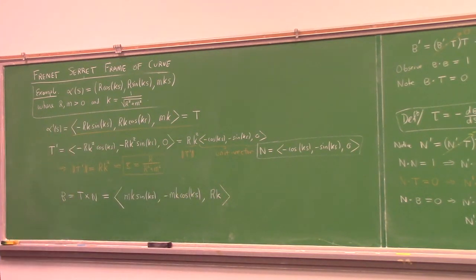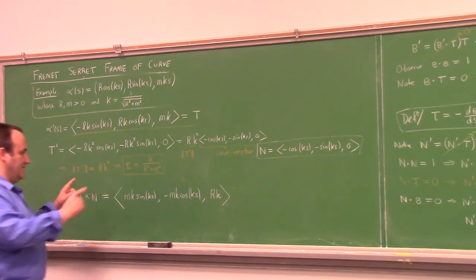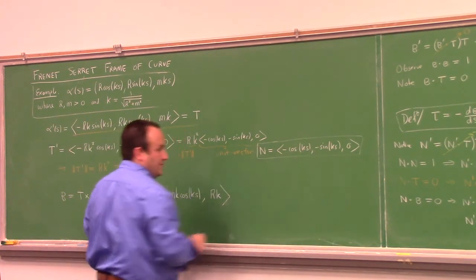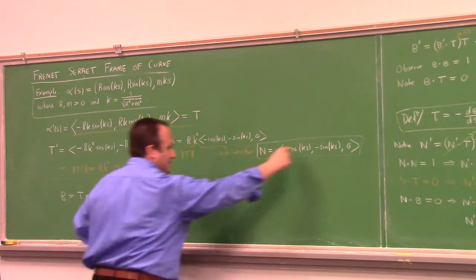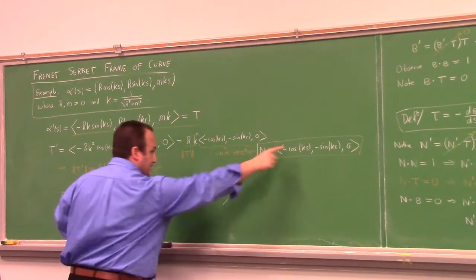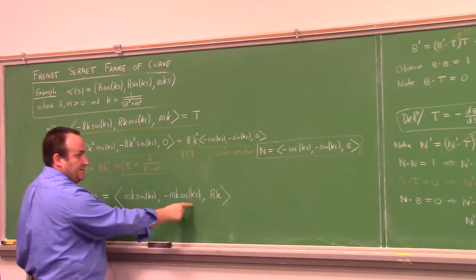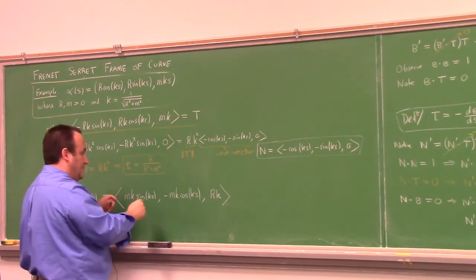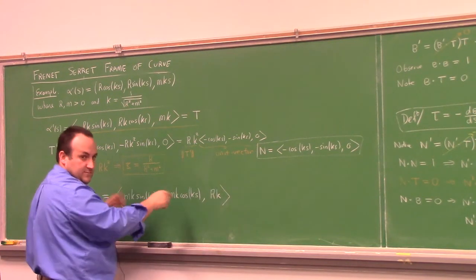If you take the dot product of this and that, you get 0, because this has minus, minus, and I need a flip of signs over here. The dot product gives me a minus and a plus, same term, sine cosine, cosine sine, 0.